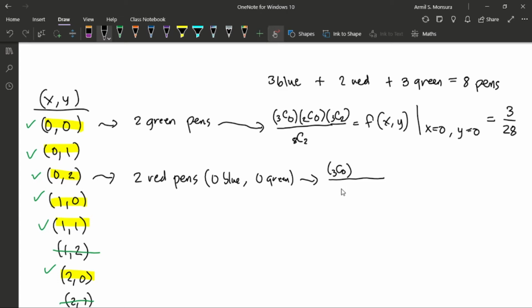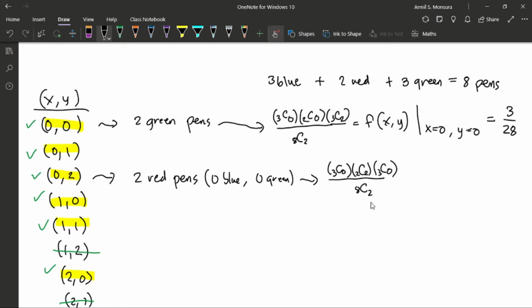That's the number of ways that you can choose 0 blue pens out of 3. So multiply to 2 combination 2. So that's the number of ways that you choose 2 red pens out of 2. Okay, and then 3 combination 0. That represents the number of ways you choose 0 green pens out of 3, divided by 8 combination 2.